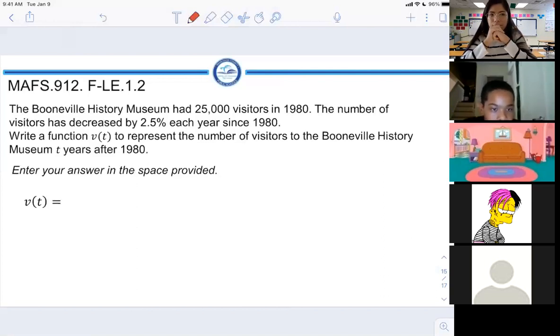The number of visitors has decreased by 2.5% each year since 1980. Write a function v of t to represent the number of visitors to the Boonville History Museum t years after 1980. Awesome. Who would like to start us off?